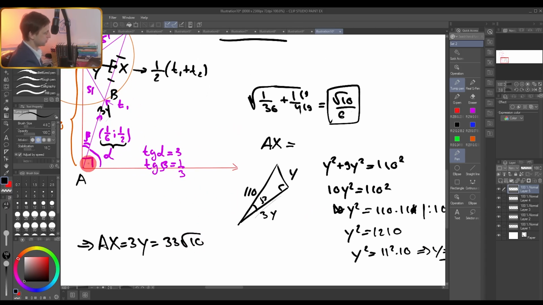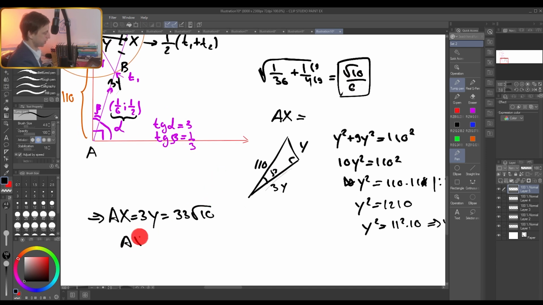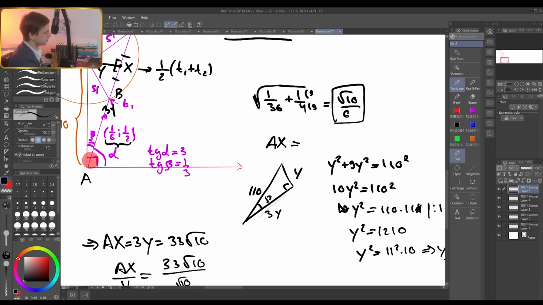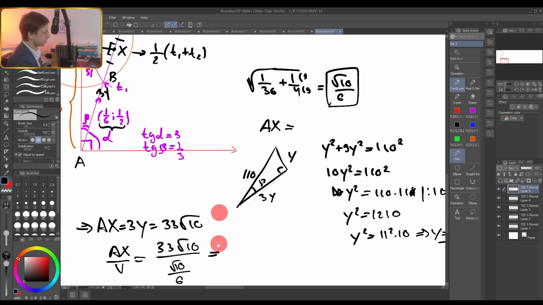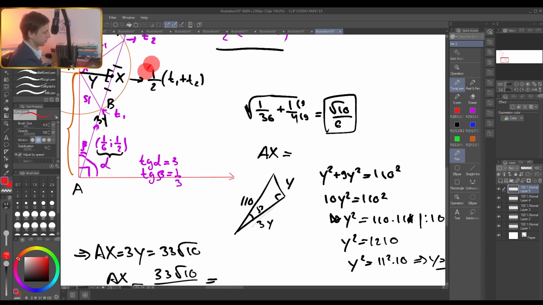It is this distance, and if we divide this distance AX by the speed of the car, which is 10 square root of 10 over 6, if we perform this division, we divide distance by speed, we will get exactly the time that is needed for the car to reach from this point to this point. And it will provide us exactly this time moment when the car is at this position.